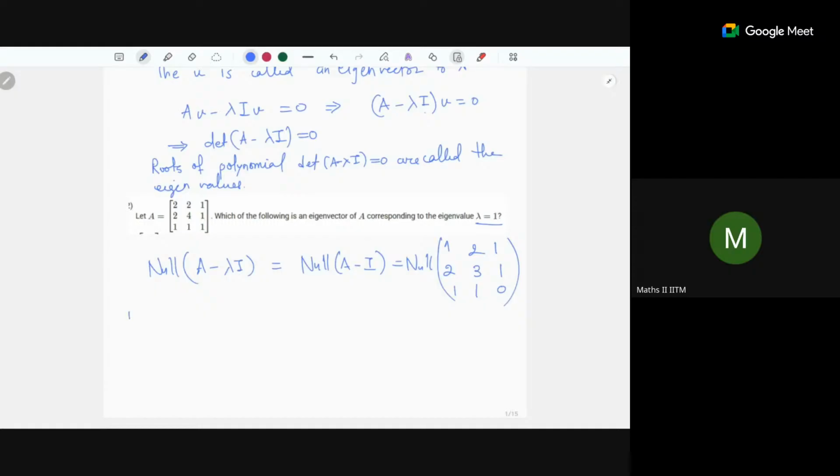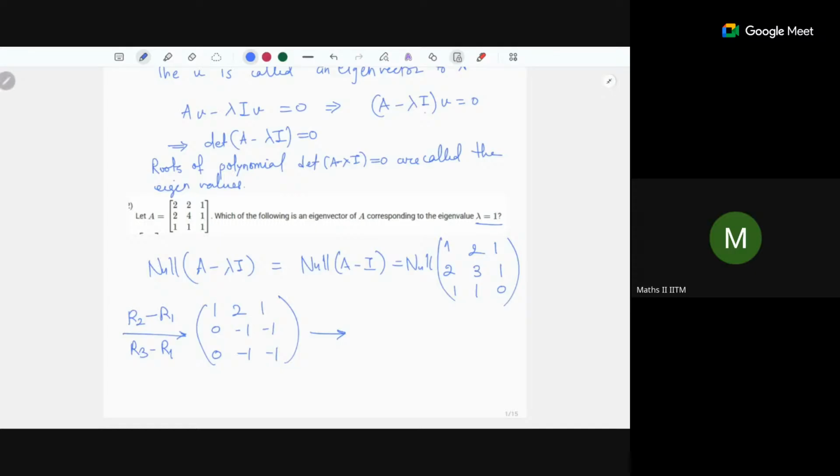Then R3 minus R1 gives 1, 2, 1, 0, minus 1, minus 1, 0, minus 1, minus 1. You can see that the second and third rows are the same.